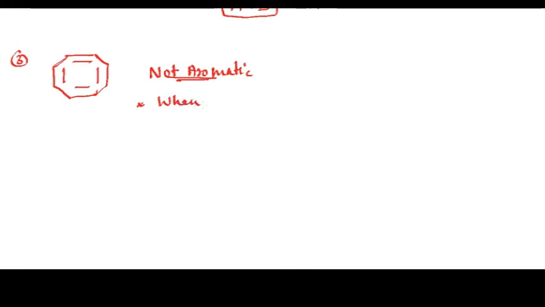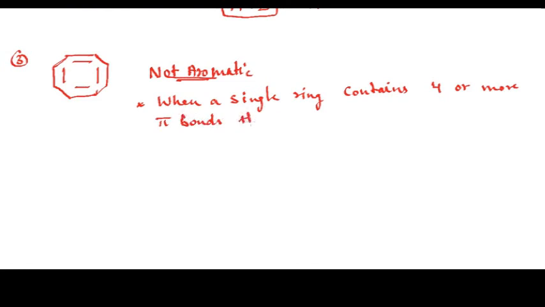So what we are saying is, when a single ring contains 4 or more pi bonds, then pi bond pair repulsions become very high.